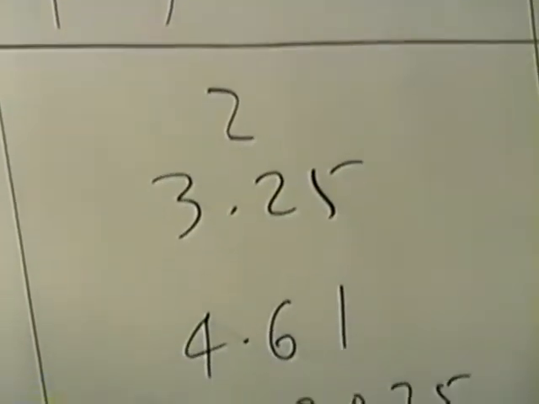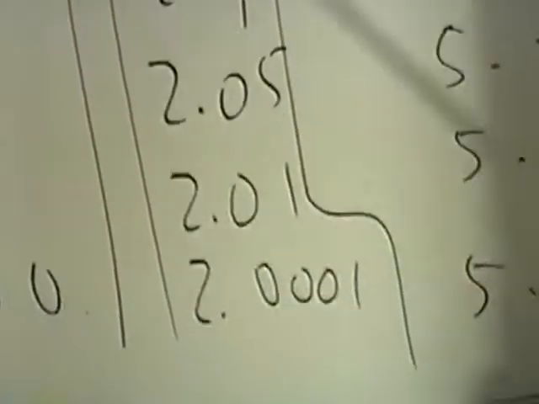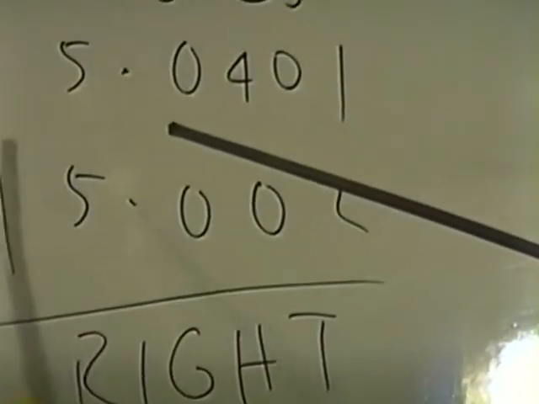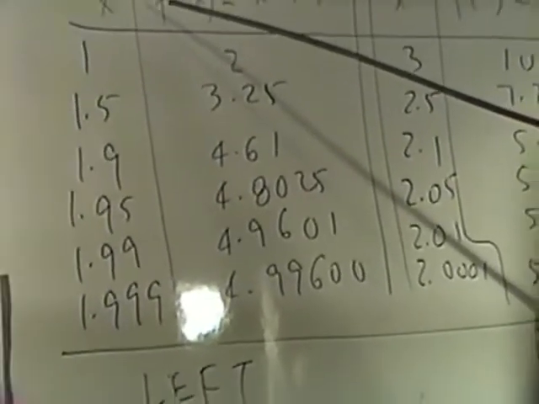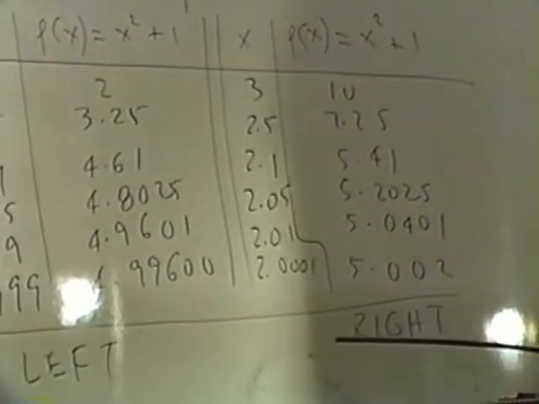From the left-hand side, as x moves from 1, 1.5 to 1.99, and 1.99 is approximately equal to 2, f(x) moves closer to 4.996, which is approximately equal to 5. So when x moves closer to 2 from the left-hand side, f(x) moves closer to 5. From the right-hand side, starting from 3 to 2, as x moves closer to 2, f(x) moves closer to 5.002, which is approximately 5. On the right-hand side, the same thing happens.